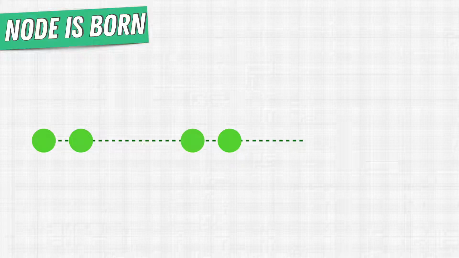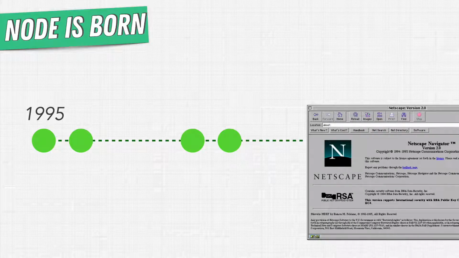We need to solve that problem. Well, let's take a history lesson. 1995, that's a big year because that's the year that the Netscape browser introduced to us JavaScript. Brendan Eich, who used to work there, essentially developed a new programming language, JavaScript, that allows us to manipulate and program things on the web.